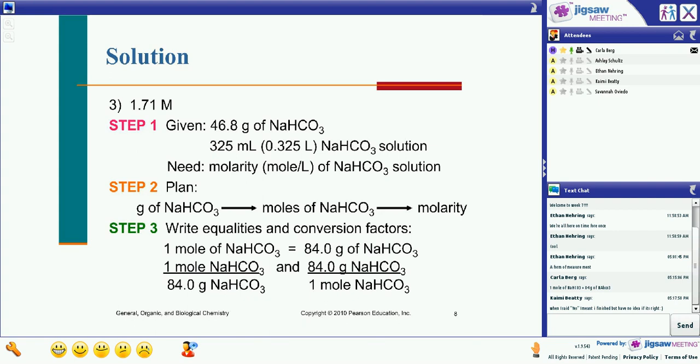Now we need to get our plan. We have the grams of NaHCO3. We need to get moles of NaHCO3, and we need to find the molarity. So that is our grand plan.